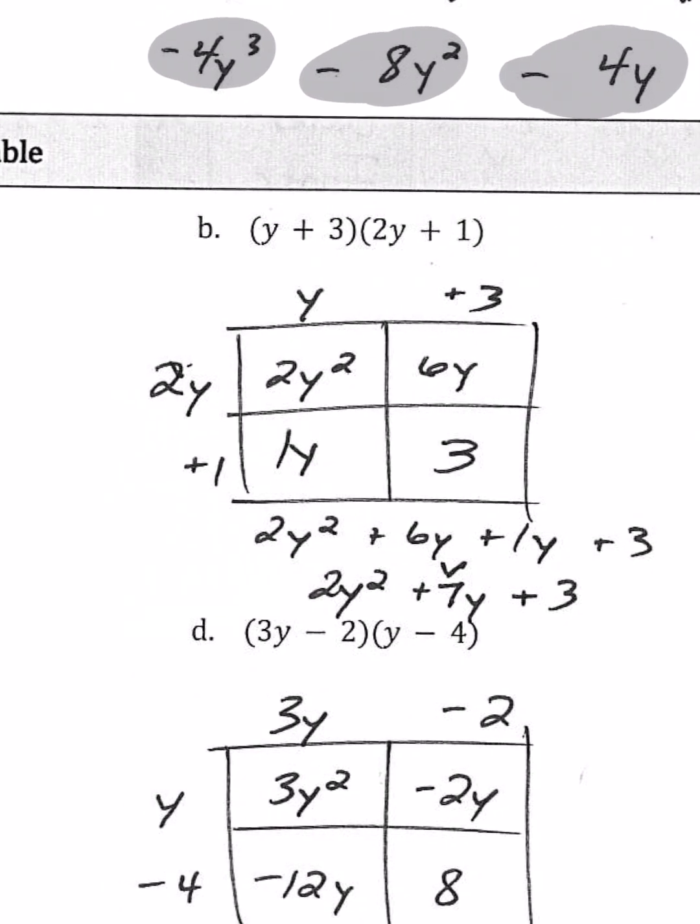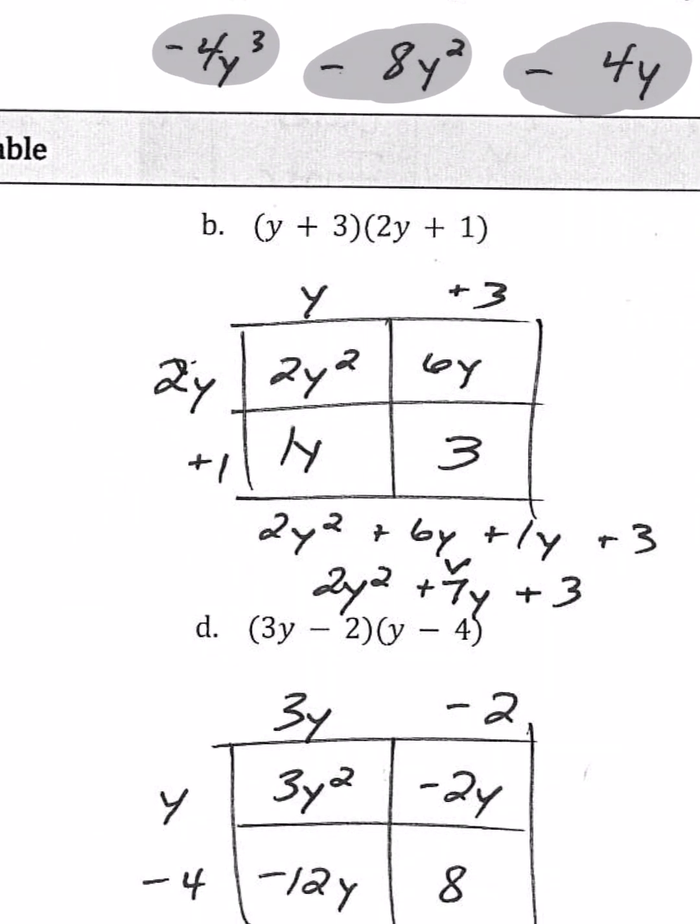If we slide over and look at example B, y times 2y. Y times 2y is 2y squared. So that's going to come down as part of our expression.